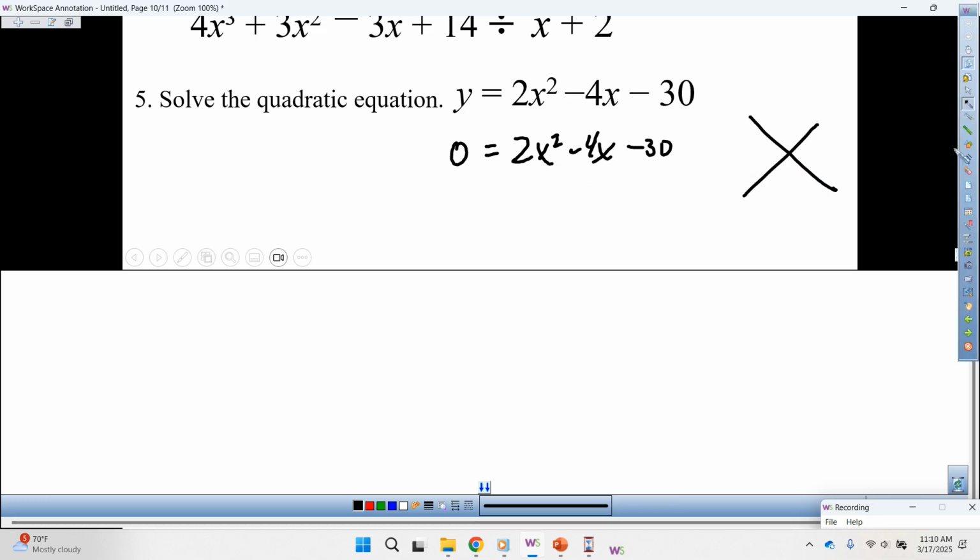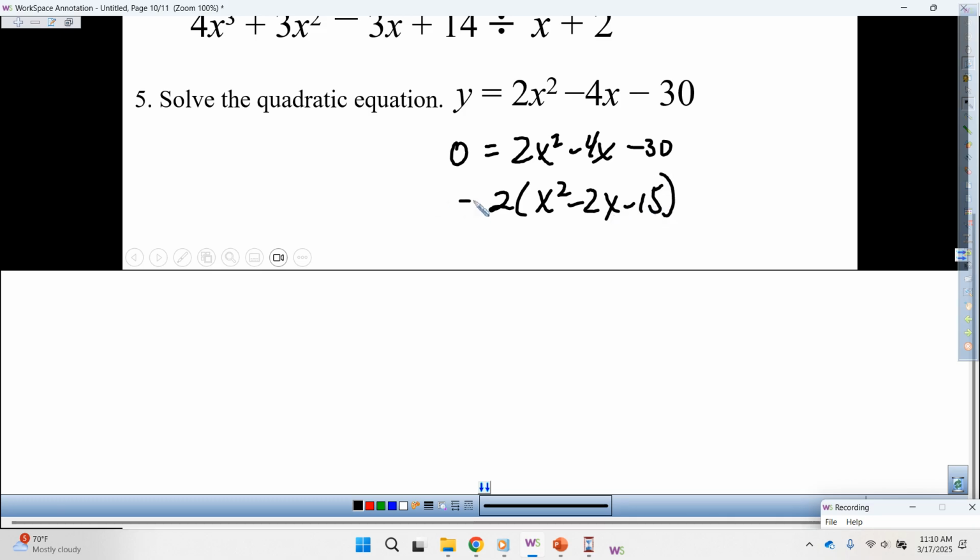Wait. There's a GCF. I forgot to check for that. What is my GCF, Enrique? GCF, yeah. 2. That is correct. X squared minus 2x minus 15. All that equal to 0.